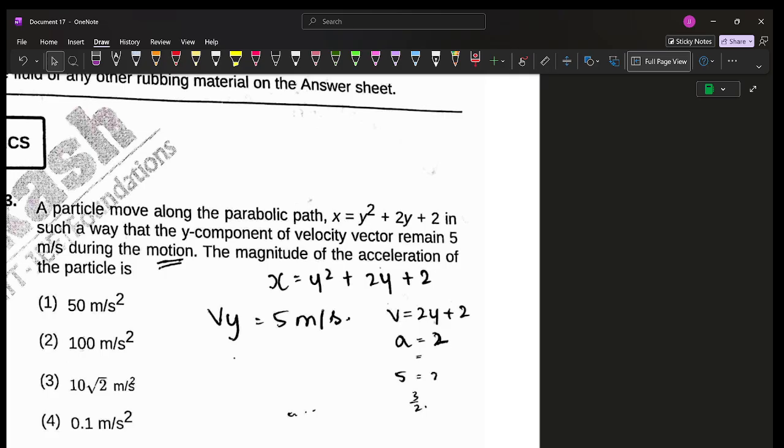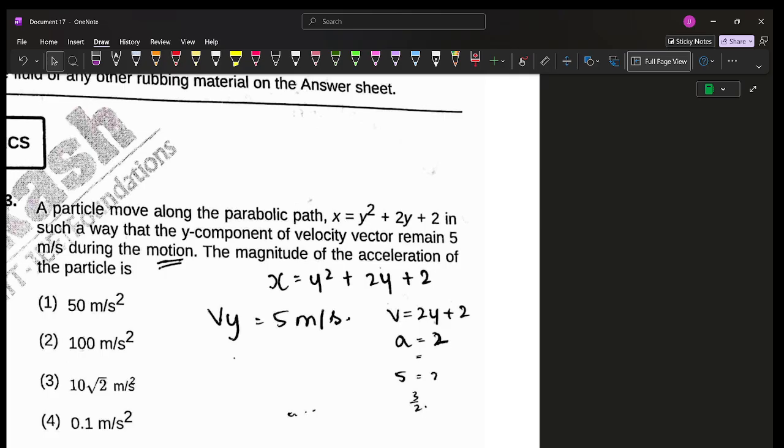Let's move on. So this is x equals y square plus 2y plus 2, such that the y component of the velocity vector remains 5 meter per second during the motion. So the y component of velocity is always 5 meter per second. I need to find the magnitude of acceleration.